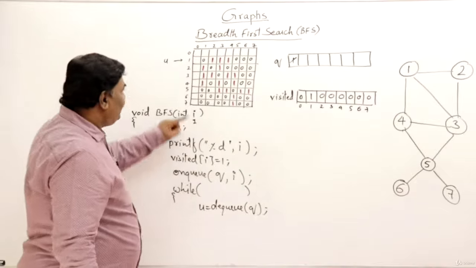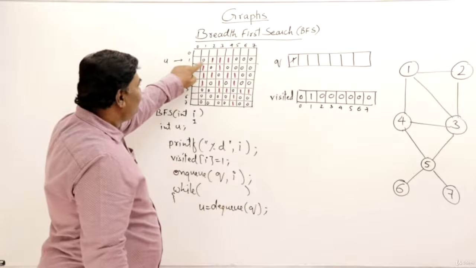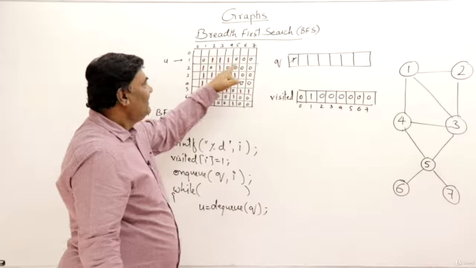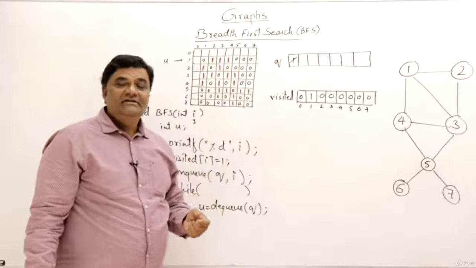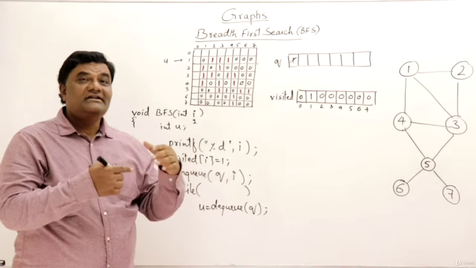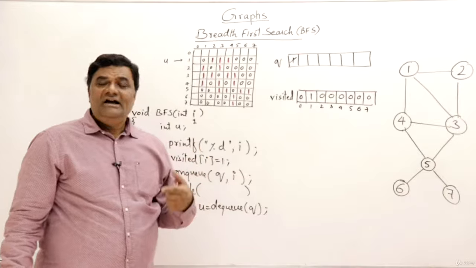Now when I am exploring vertex 1, then I should visit all adjacent vertices. Who are adjacent here? See, this is 0, 1, 1, 1. So 2, 3 and 4 are adjacent. The remaining 5, 6, 7 are not adjacent. So if it is marked as 1, it is adjacent. For scanning through this whole row, I should have a for loop.